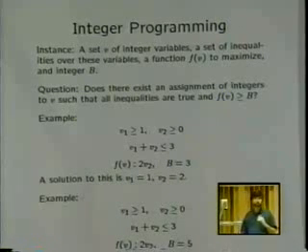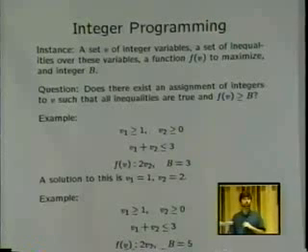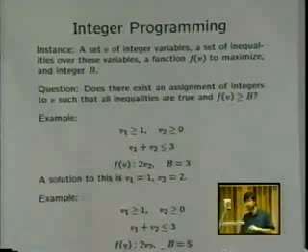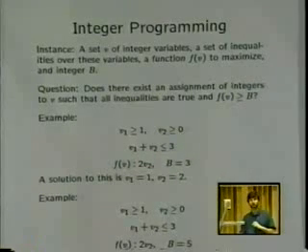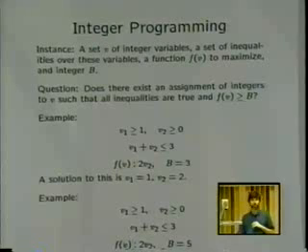Why is integer programming an important problem? Well, let's say that you're a company and you want to figure out how to invest money. You may have certain constraints as to how much you can spend. Let's say you're only allowed to spend 20% of your assets in each of a bunch of different sectors.